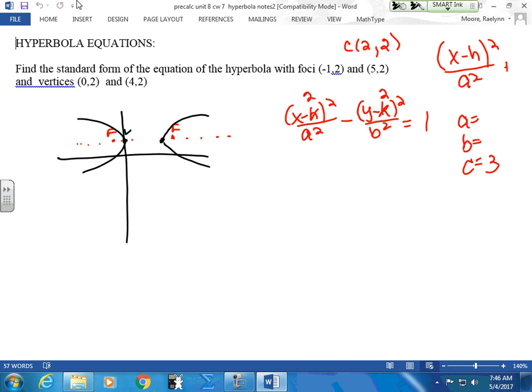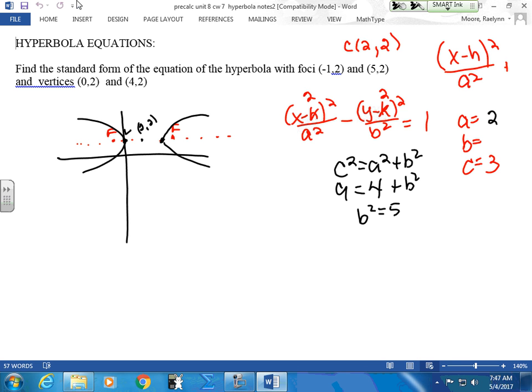What do my vertices give me? What letter? A. Okay, so if my center here is at 2, 2, and this is at 0, 2, what's A? 2. Can I find B? I have this little sweet formula. I'm going to put my A squared, and I don't know my B squared, my C squared, and I'm going to find B squared to be 5.